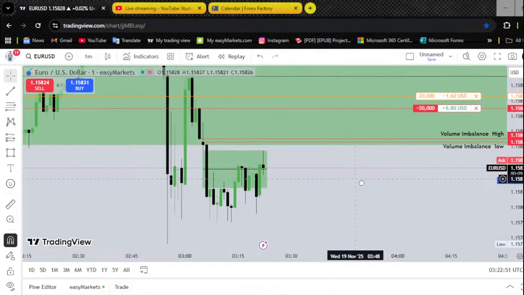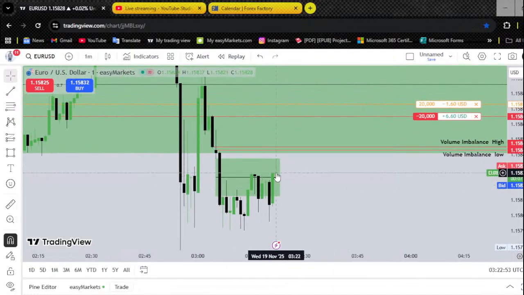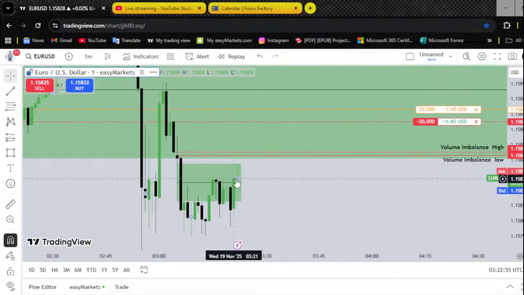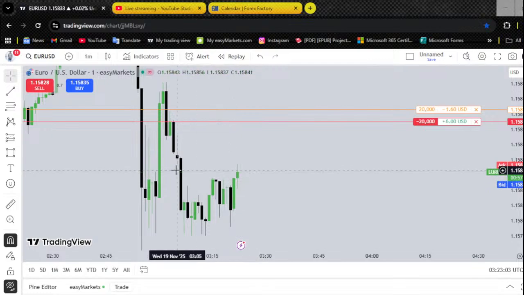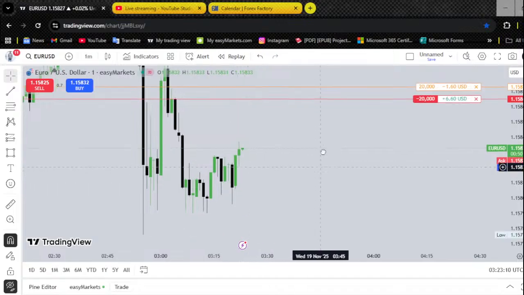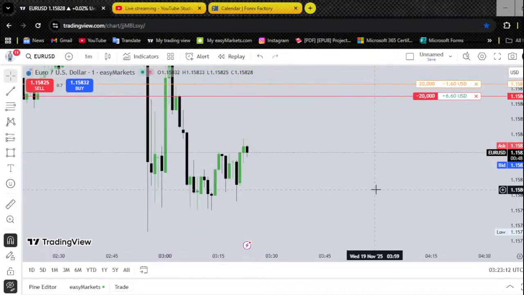I don't think it's to the tick. The high of this one is 15.837, the low is to the tick 15.837, same. So that's to the tick.